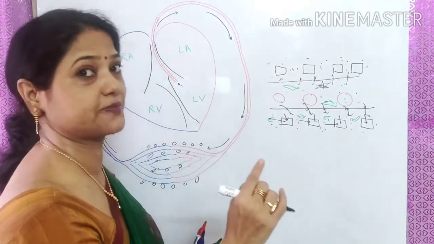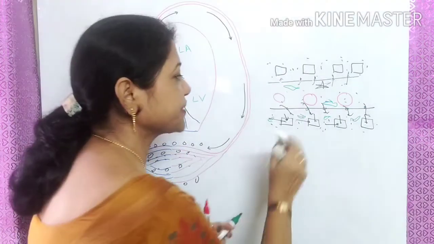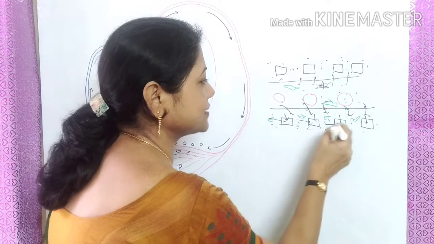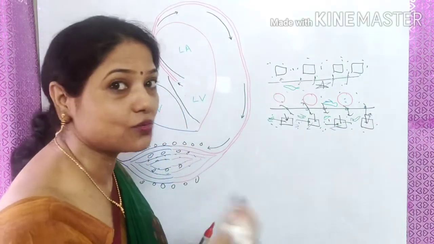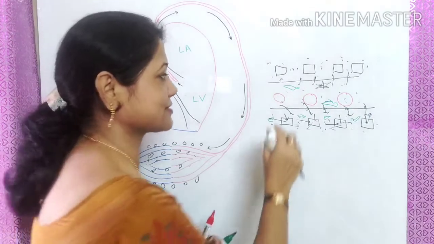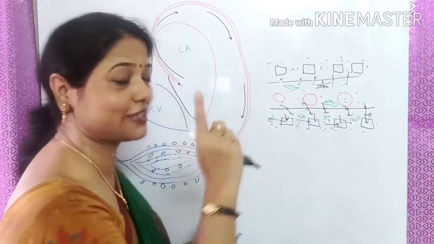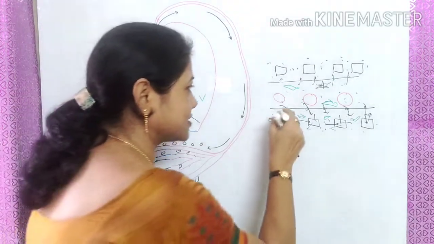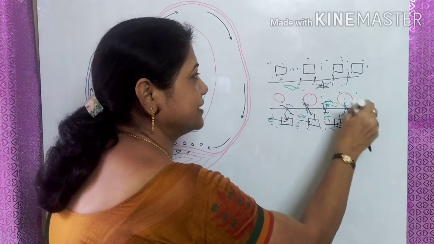Those waste materials and carbon dioxide come out from the tissues and mix with the tissue fluid. Then what happens, children? This carbon dioxide and nitrogenous waste material along with the tissue fluid re-enter the blood capillaries.